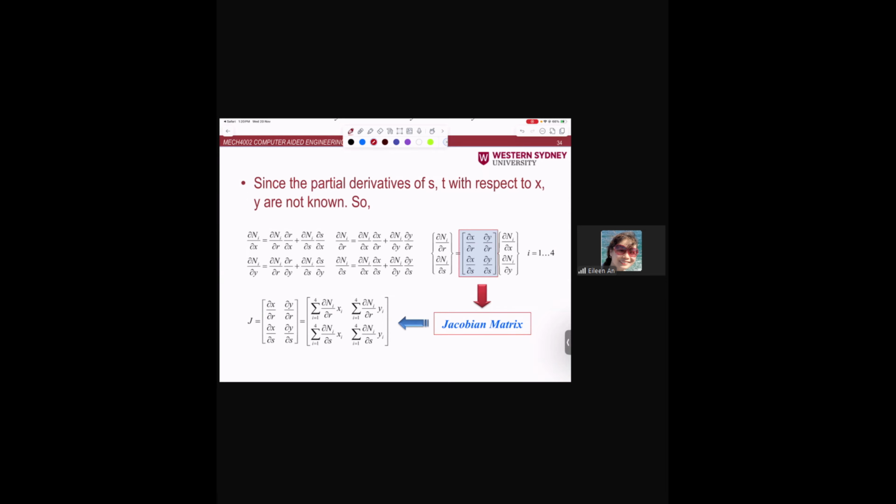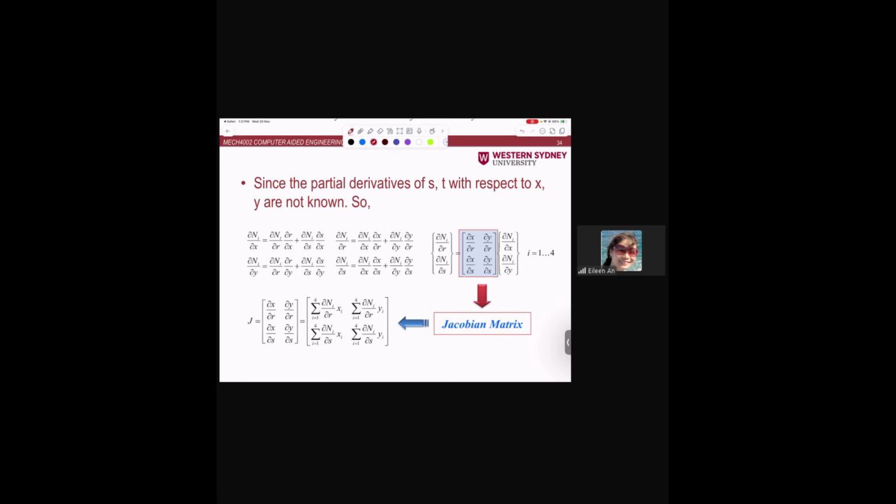Say for example, if we want to calculate the displacement or the node force or the node displacement, we can easily get the solution from its local coordinate system directly. So we don't have to convert ST to XY or XY to ST. But we have to calculate stress or strain, right?